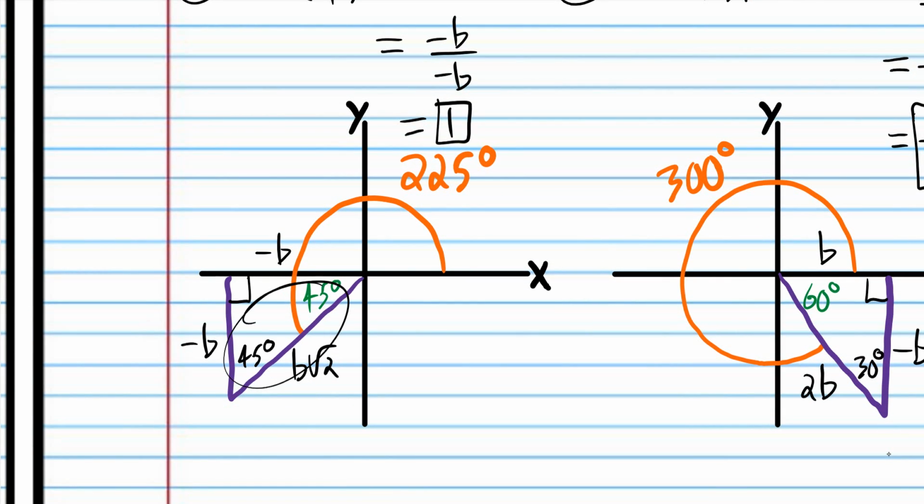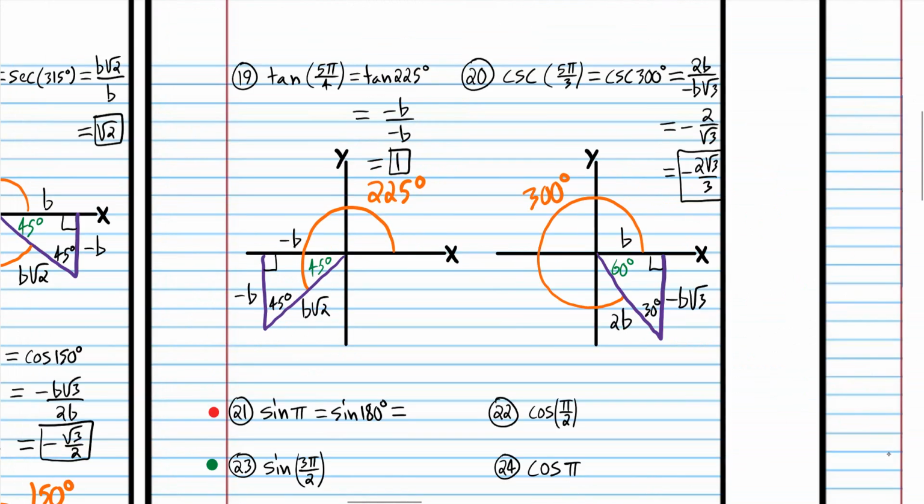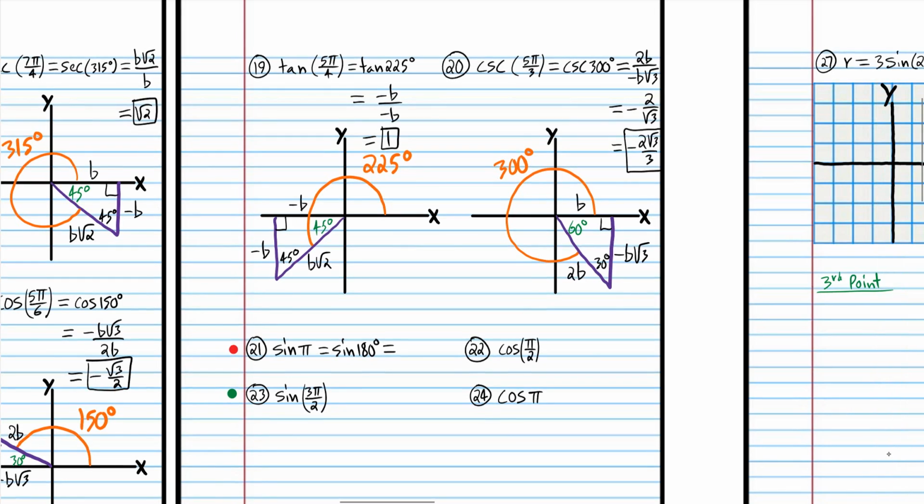What's going to happen to it as this orange angle gets closer and closer to 270 degrees? Well, it's going to get closer and closer to the y-axis until eventually it just collapses.